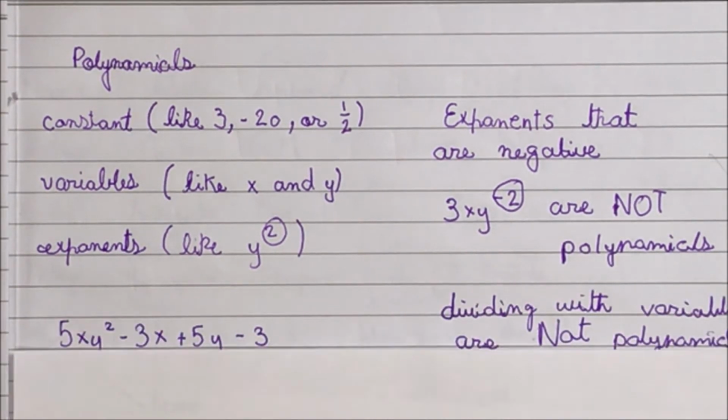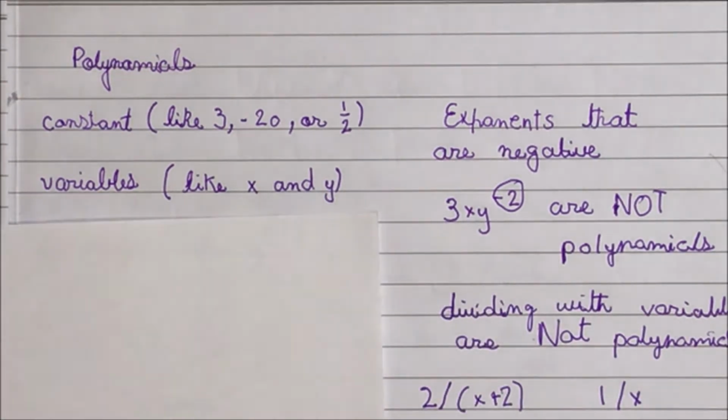Or you have a expression where you're basically dividing a constant by a variable. That's not a polynomial either. So here you're dividing 2 by x plus 2. That's not a polynomial. Or a constant by a variable. That's not a polynomial either. Constants are the numbers.